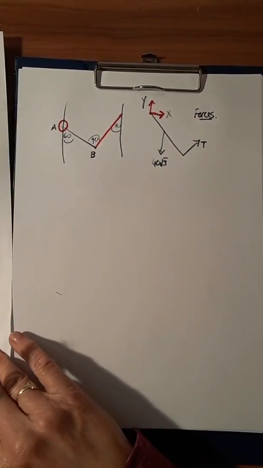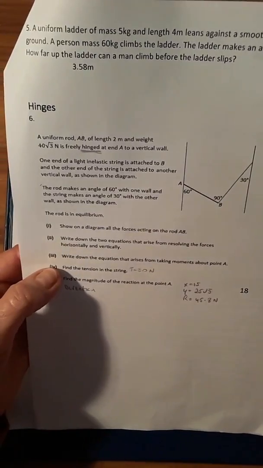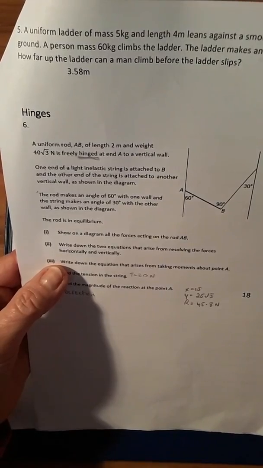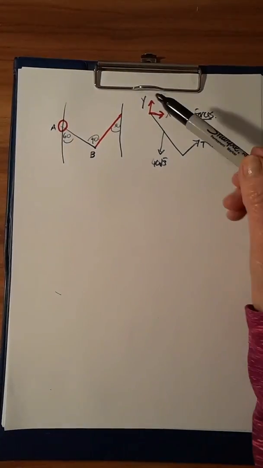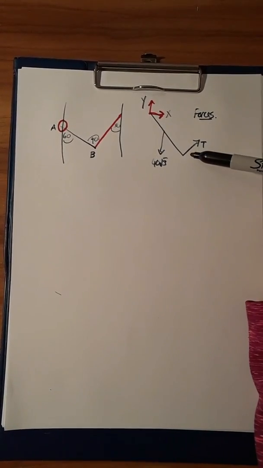Now, it says, write down the 2 equations that arise from resolving the forces horizontally and vertically. Okay, so this is a horizontal and a vertical force. This is a vertical force, but this isn't. So I've got a bit of work to do.